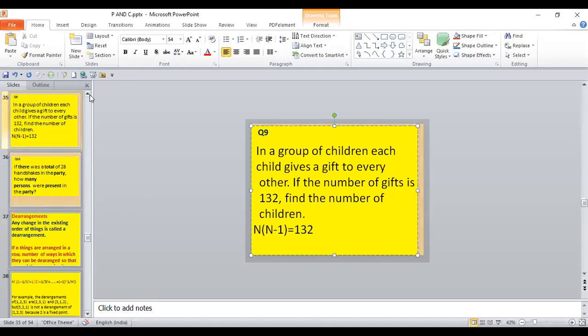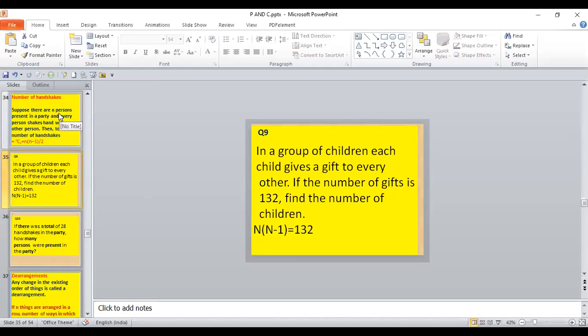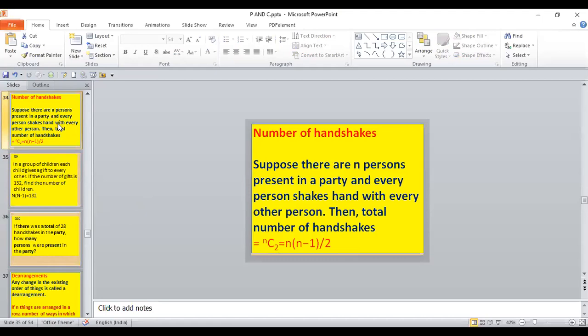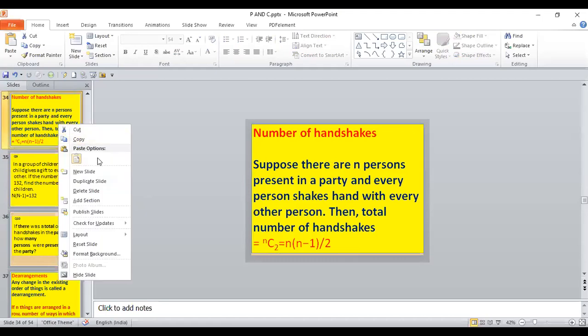Okay, so this formula is just similar. As you can see, the formula of handshake and gift is almost the same.